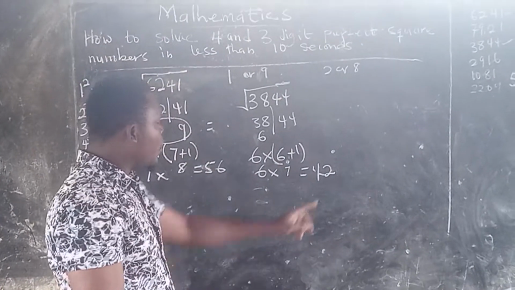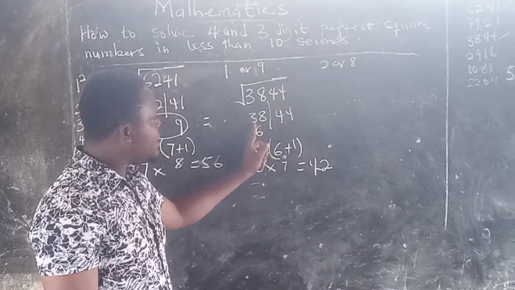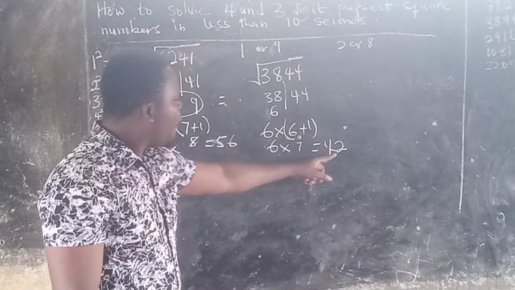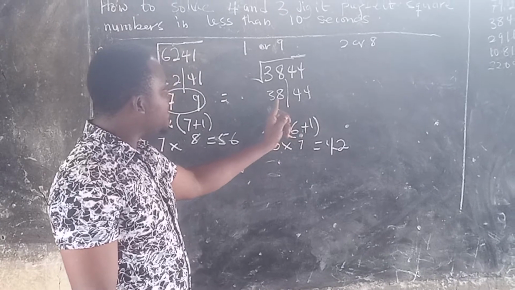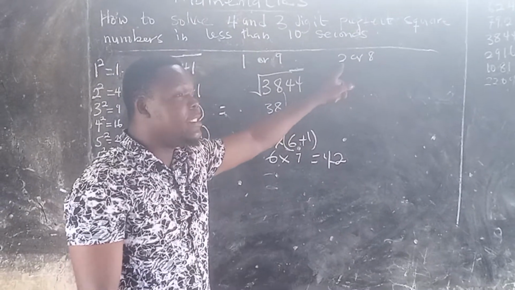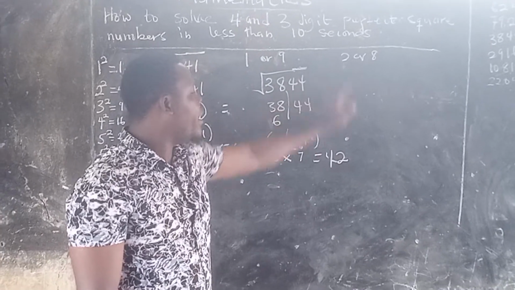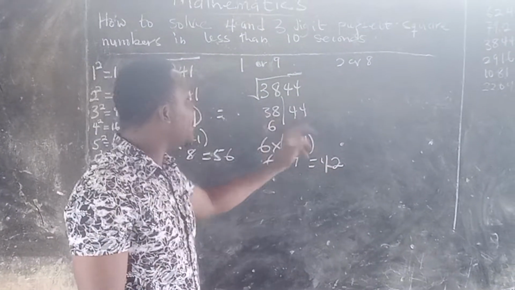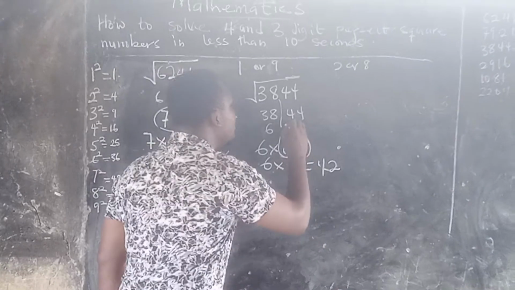You can see that 42 is greater than 38. Like I said, when this one is greater than this, you have to choose the lesser one. So we choose 2.